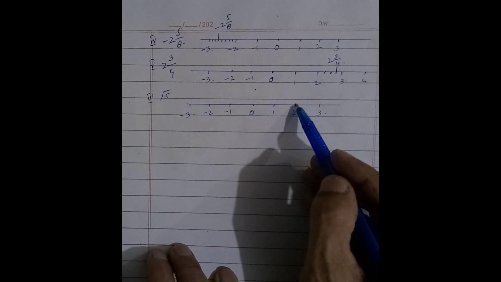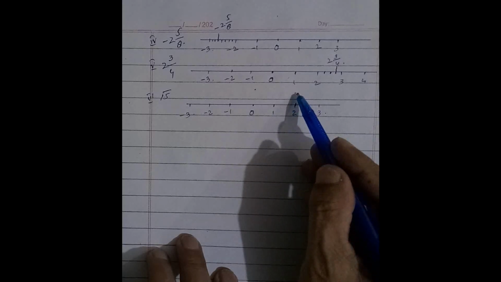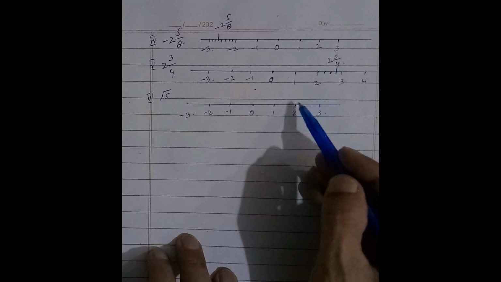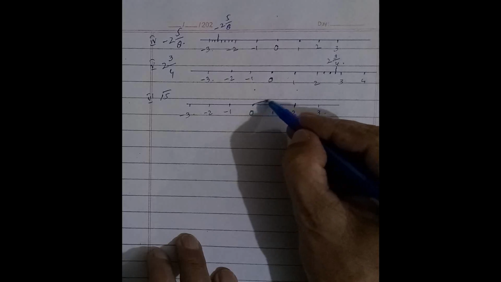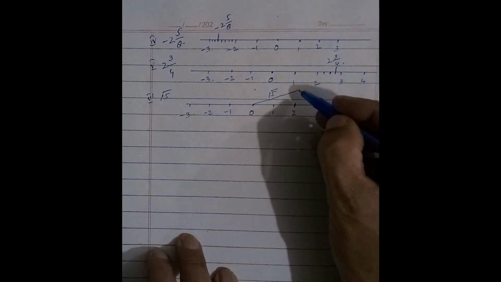The base is 2 and the perpendicular is 1. These mean 2 squared is 4 plus 1 squared is 1. 4 plus 1 is equal to 5. And when we take the square root, we get square root 5.